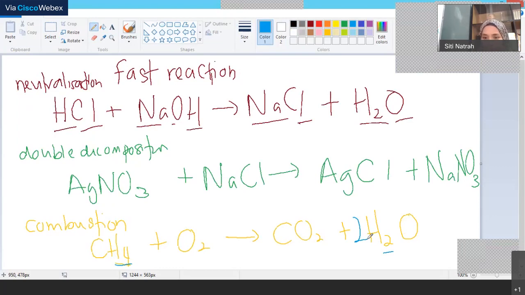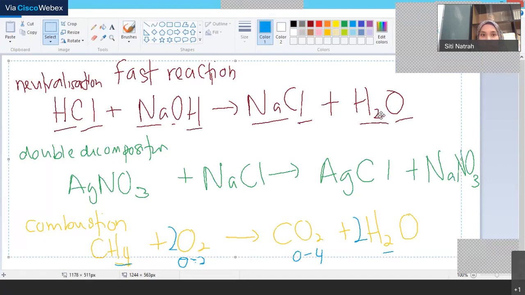On the right-hand side I have oxygen 4, so on the left I have 2, so we put 2. Okay. So this is a faster reaction.